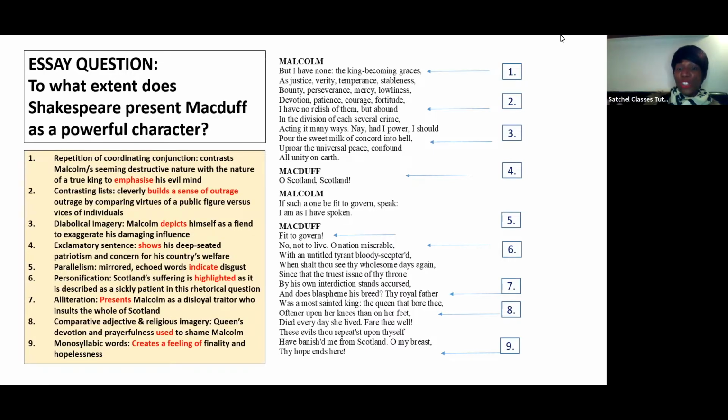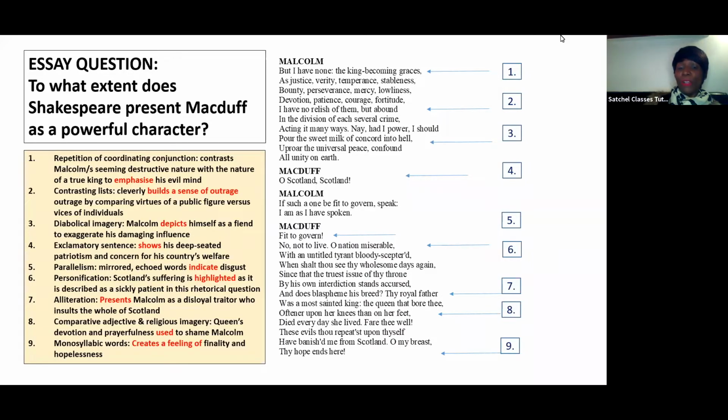Oh, nation miserable, with an untitled tyrant, bloody sceptred, when shalt thou see thy wholesome days again, since that the truest issue of thy throne by his own interdiction stands accursed, and does blaspheme his breed?